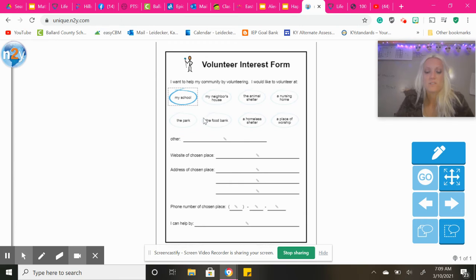So we're not actually going to do this right now, but this would be something for fun that it's asking you to do, and that I would like to know your interest as well. So after you fill that out, say you want to do an animal shelter, you want to go visit the animals and volunteer to walk them for like an hour. So online, you will look for, like, type in Ballard County Animal Shelter. That's where you would put the place that you choose and then the address. Remember our MINTS.